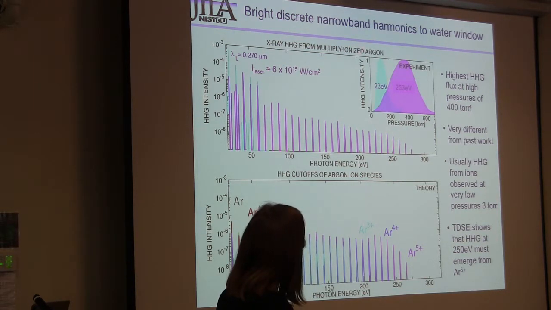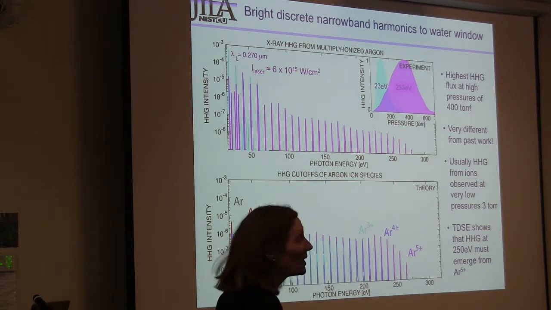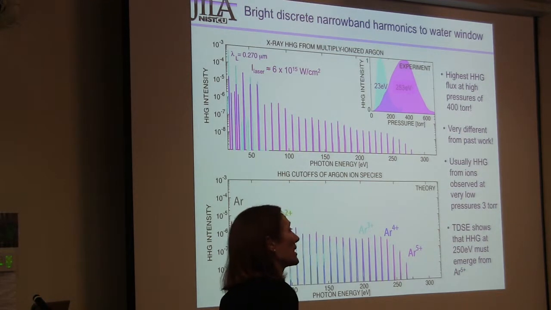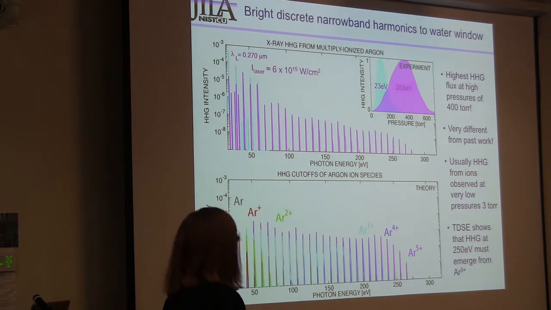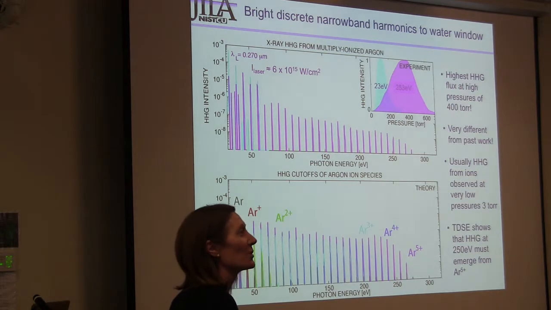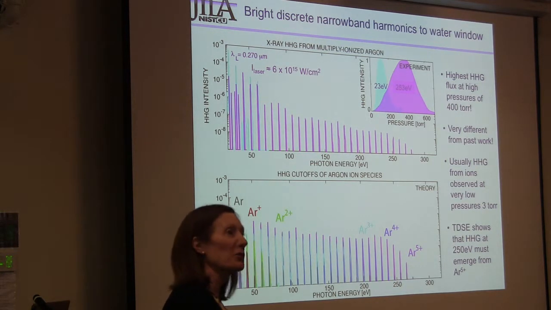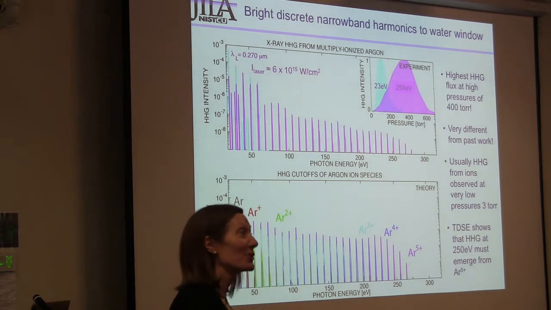It turned out this was from argon in this region of the spectrum, and these emissions had to be coming from multiply ionized ions. Now, singly ionized ions had been seen before, but what had not been seen before was bright emission from multiply ionized ions. And so then that got us thinking, so what is different about refractive indices in the ultraviolet region of the spectrum?